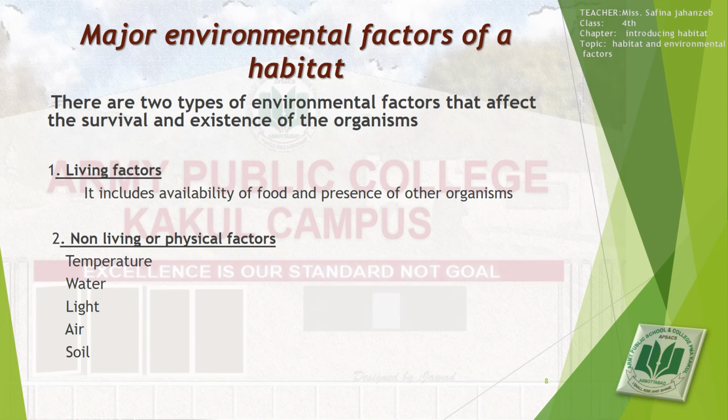Plants need carbon dioxide to make their food, and other organisms like animals, human beings, insects or microorganisms need oxygen to live. So without the presence of oxygen and carbon dioxide, life or habitat cannot exist.